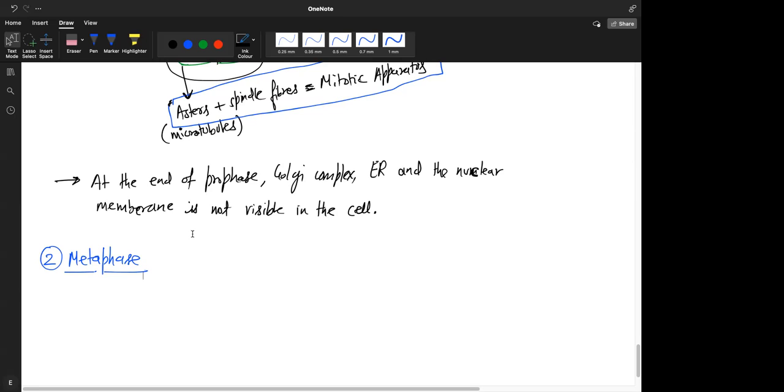We just make these demarcations on the basis of some characteristics. Now for metaphase, by the time the cell enters metaphase, the nuclear envelope is completely gone. It's completely disintegrated, because now the most important thing is the characteristic feature for metaphase. Write it down.